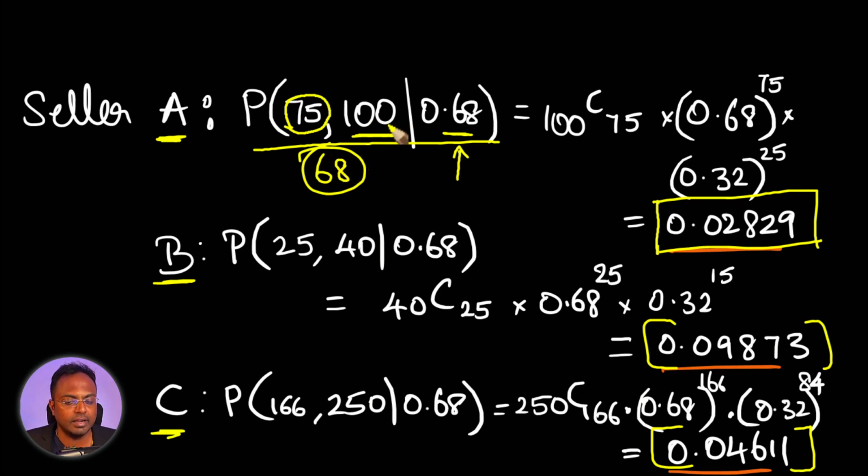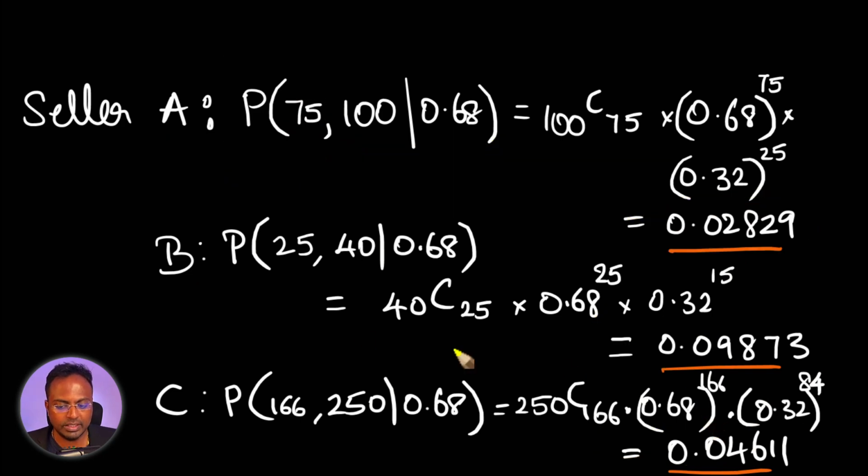But we are getting 75 here, which is significantly larger than what we would expect. But is it statistically significant to declare that this is too abnormal? That's what we are trying to find out. We will get to that. But amongst these 3 different probabilities, the probability of observing this situation is the lowest for seller A. So amongst these three sellers, seller A is the suspicious one.